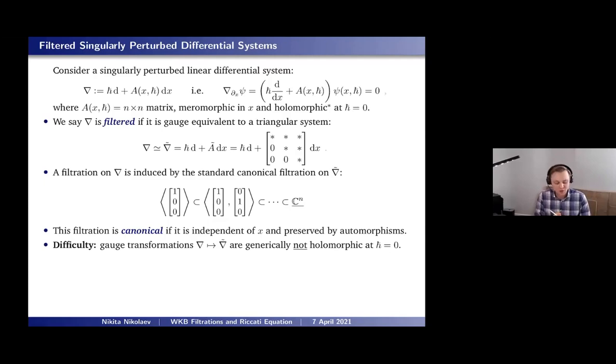It turns out the difficulty is that generically, in almost all situations that you encounter, even when the system A here, the system that I started with, is independent of H bar, so the only dependence on H bar is in front of the de Rham differential, even in those cases, generically, the gauge transformations that would take you to a triangular system are not holomorphic at H bar equal to 0.